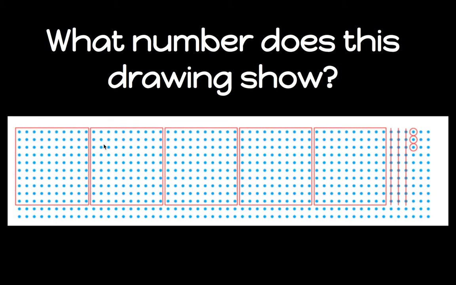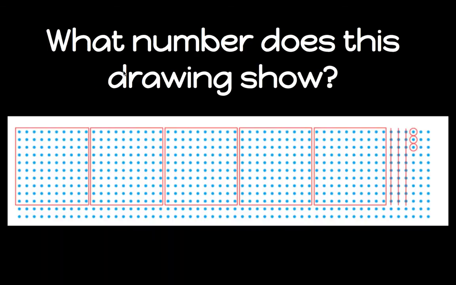And we have 1, 2, 3, 4, 5. So I know that's 500. Then we have our quick tens. We have 3 of those, which equals 30, and 3 ones, which is 3. So we have 533. You're literally counting dots.